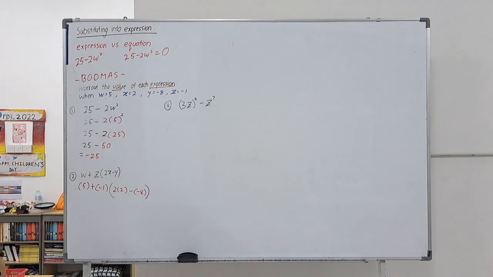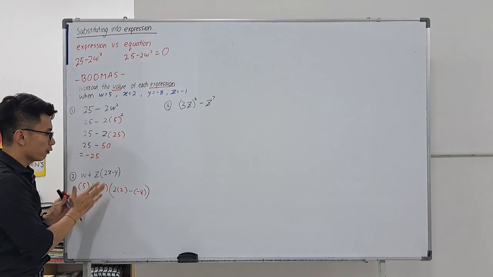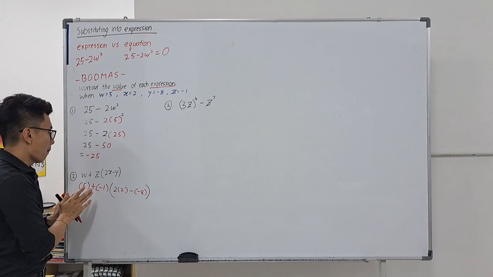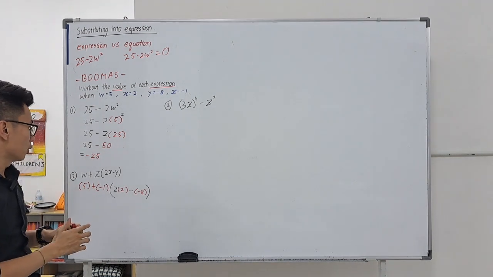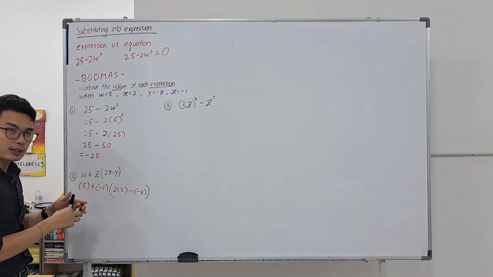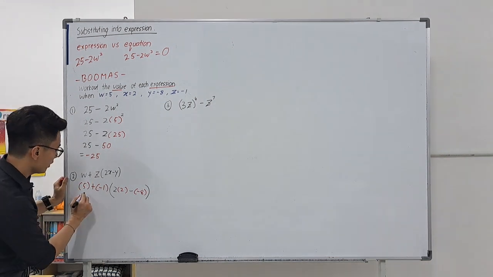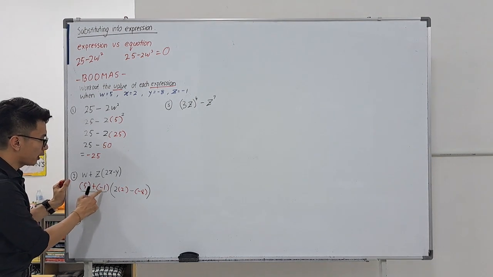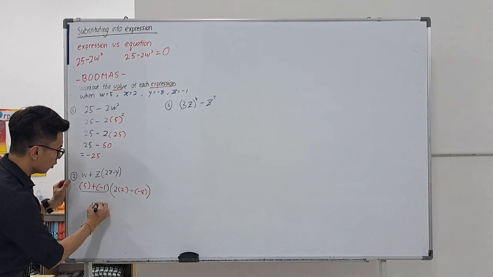Now, having looked at this, for some of you it might look messy. In fact, some of you, when you look at this, the first thing you might solve is this part first. You might take 5 plus negative 1, that's going to give me 4.